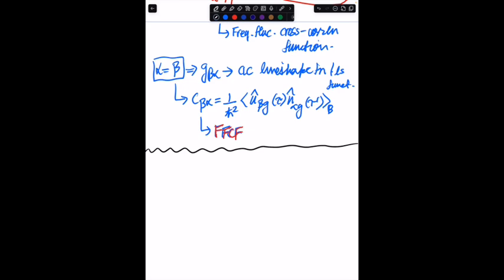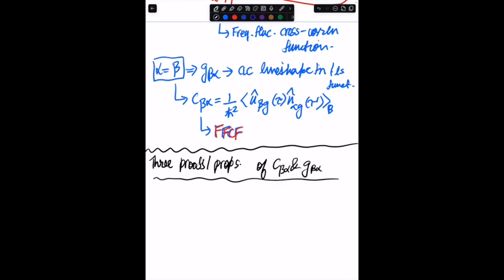Right. So let's continue with two properties or proofs of your correlation function and line shape function. So I wanted to introduce these proofs. I suppose there's three proofs slash properties of C beta alpha and G beta alpha, right?